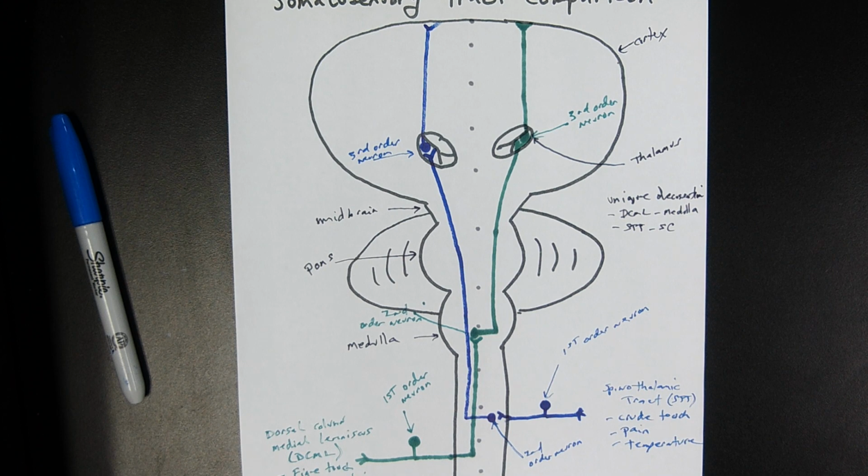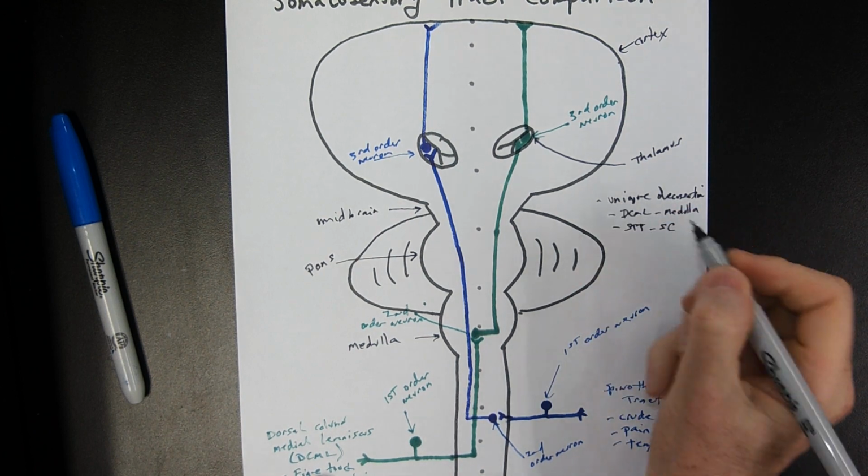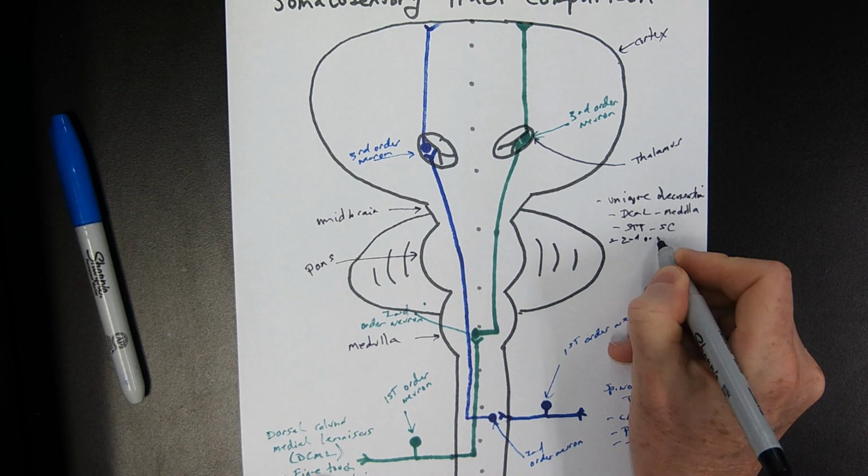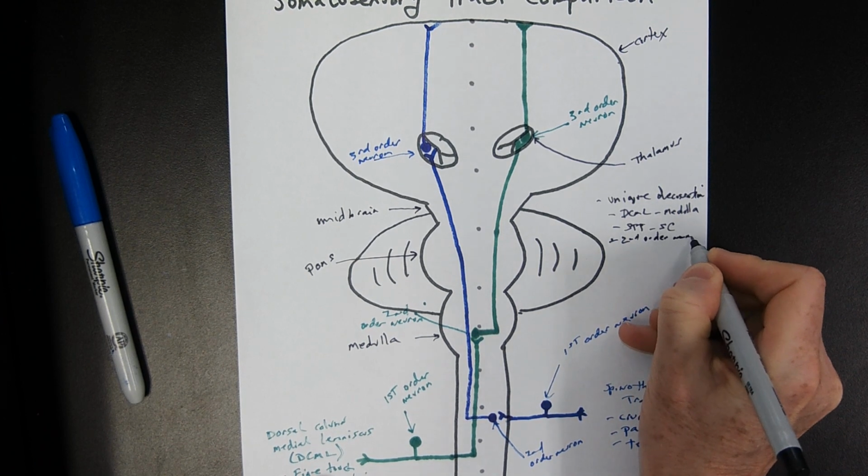Anything else? How else are they unique? Thoughts? Where the second order neuron is located. Yeah, where the second order neuron is located. So they're unique in decussation and unique in second order neuron location.